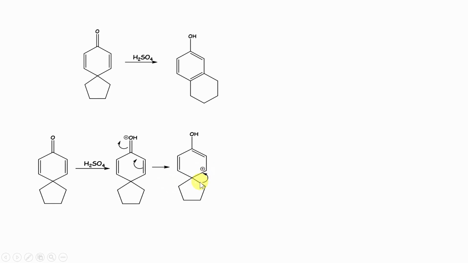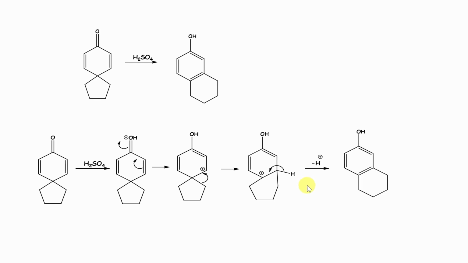To this secondary carbocation, a 1,2-alkyl shift takes place, and ring expansion followed by a more stable carbocation is formed. And from this carbocation, a proton is eliminated in order to have the aromatization, and thereby the final product phenol is obtained. It is the mechanism of this dienone-phenol rearrangement.